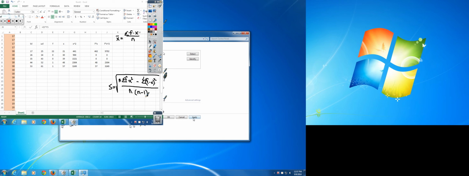So we need some summations. We need the summation of... I thought I counted 26. 24. Okay, I'm sorry. So let's do our summations. We need 3 summations, and that is n, which is the summation of f.